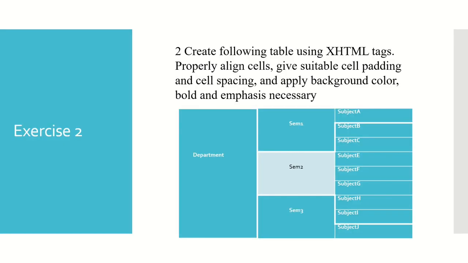On the left-hand side we have only a single cell representing the department, and right next to it we have 3 different cells in the column, and in the next column we have around 9 different cells. So the first column has 1 cell, the second column has 3 cells, and the third column has 9 cells. This is how we need to design our table.